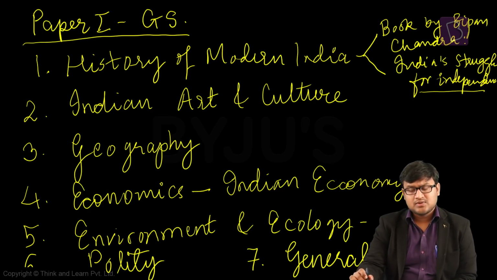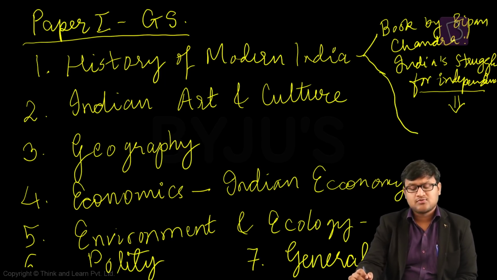And let me tell you that this book is written in the form of a novel, in the form of a story, and while you are reading it, you will understand what exactly was the political, economic, and social situation when India was in its freedom struggle. Hence, this book becomes very important for your mains answer writing as well, along with the preliminary examination.